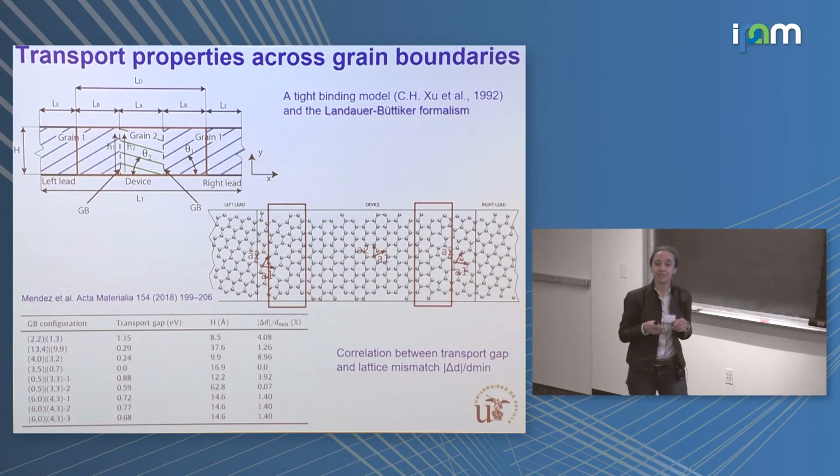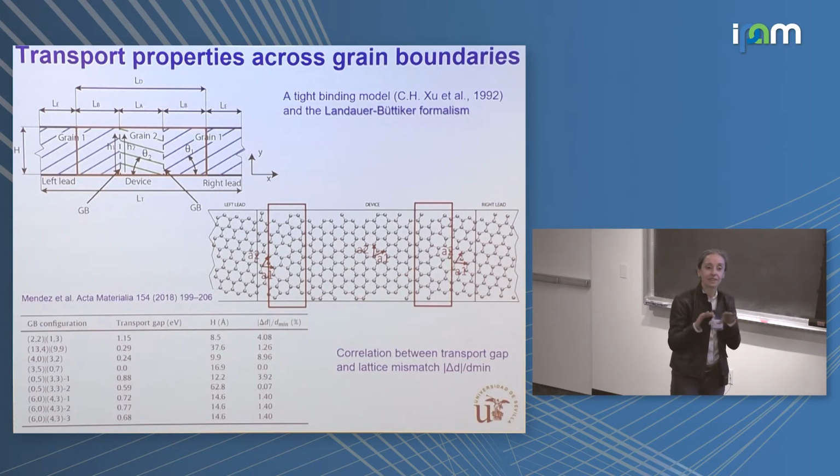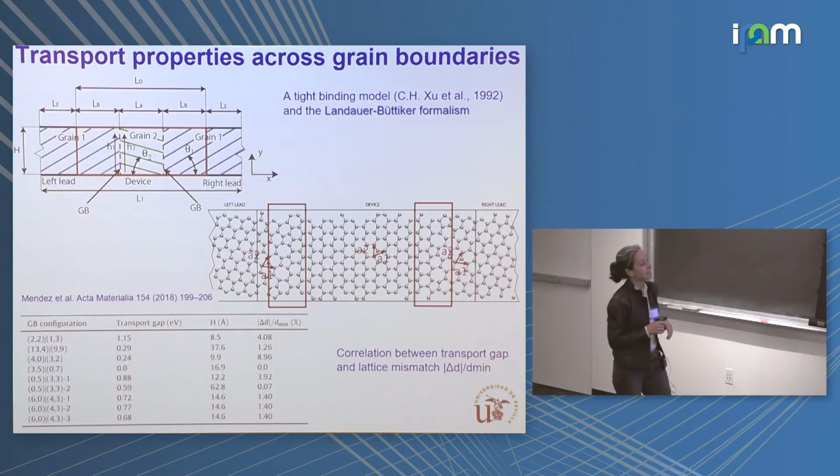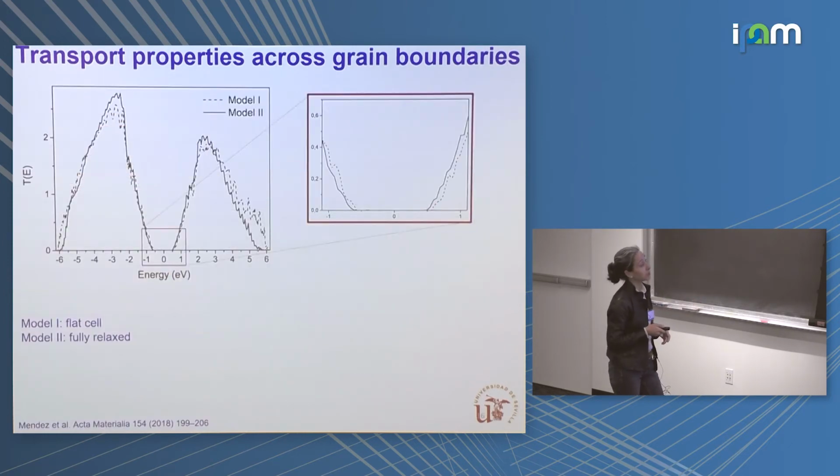That deformation that the different grains have to suffer is responsible for opening a band gap. So deformation within the lattice is going to give you band gaps, otherwise you don't get those values that you really need in order to use graphene for electronic devices.